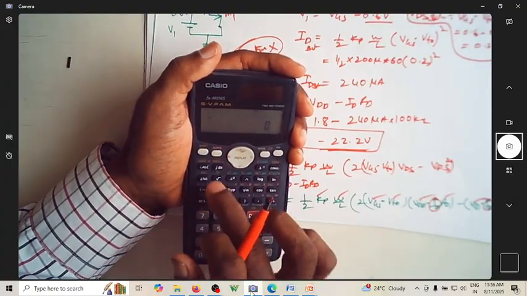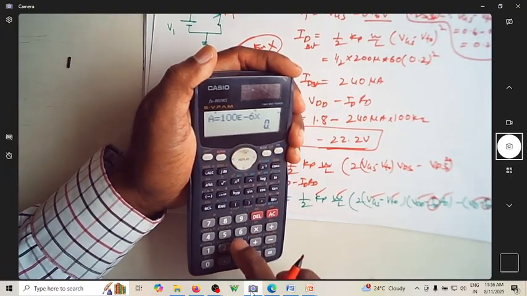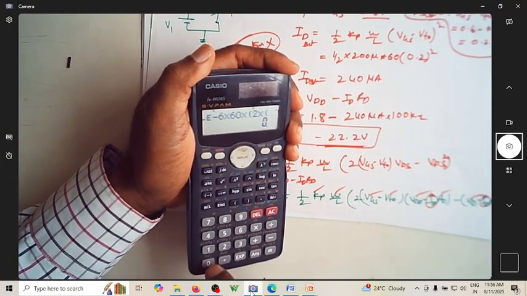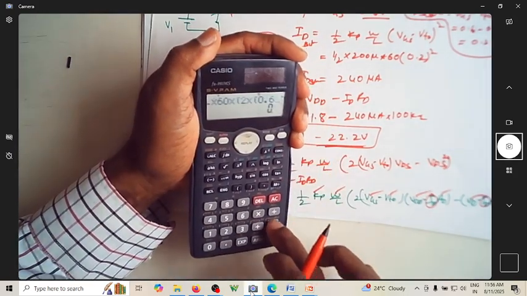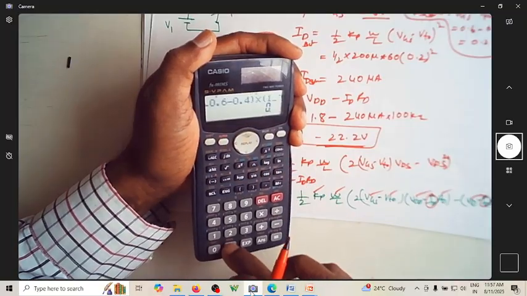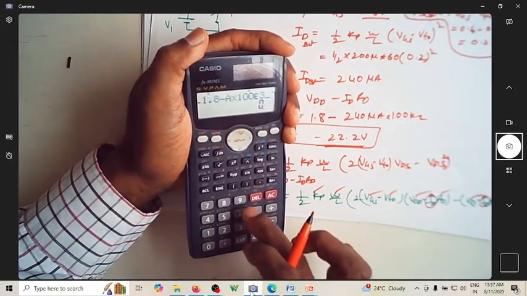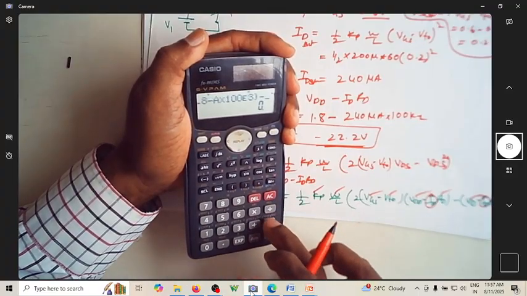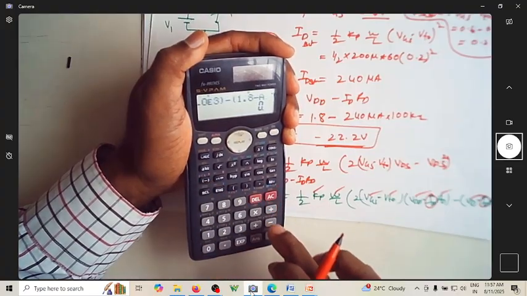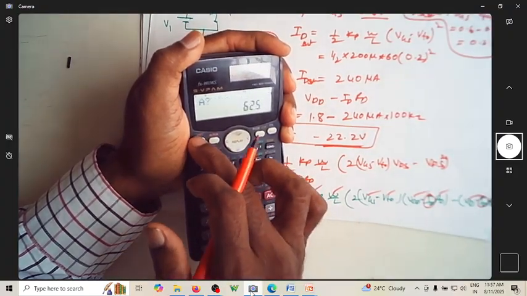This is alpha A, alpha equals 100 exponential of minus 6 into 60 into open the parenthesis 2 into open the parenthesis 0.6 minus 0.4 into open the parenthesis 1.8 minus alpha A into RD, which is 100 exponential of 3, close, minus of open the parenthesis 1.8 minus alpha A into 100 exponential of 3 close square, close, shift calculate.